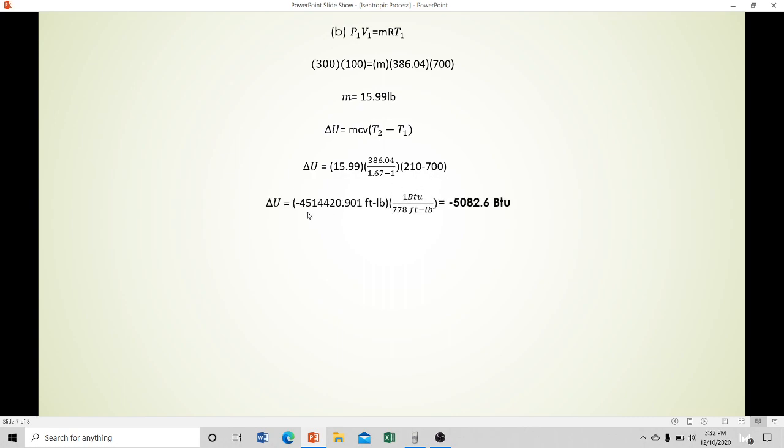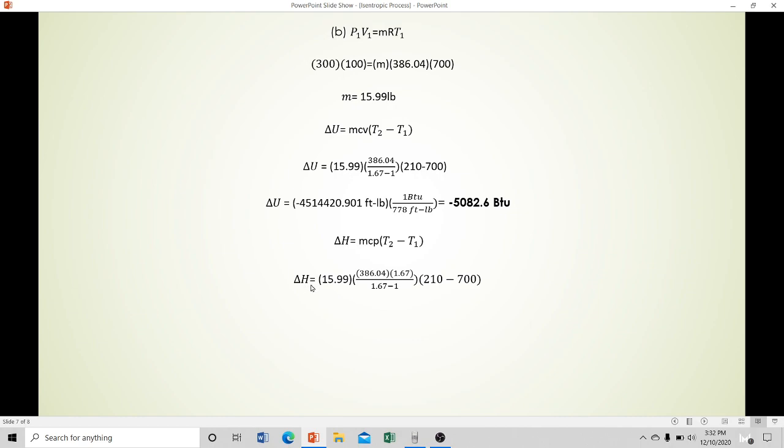So we can get the value for change of internal energy in terms of feet LB. But in terms of BTU, we have the conversion: 1 BTU is 778 feet LB. Then we can get the value in terms of BTU. We have negative 5082.6 BTU.